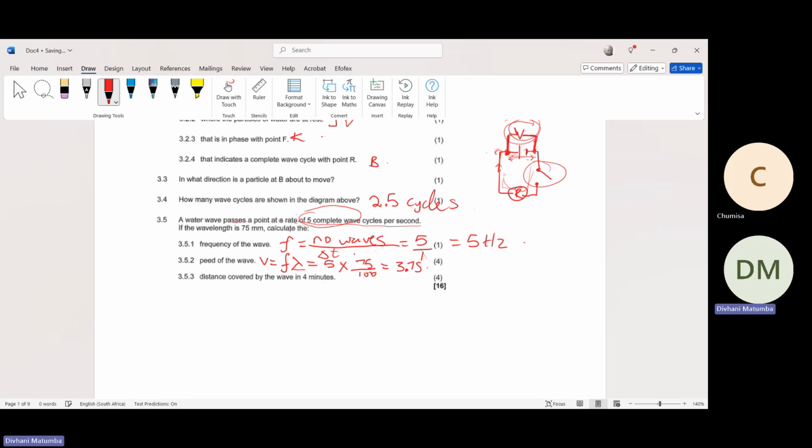No, speed is not measured in seconds. Second is time. Don't make that mistake. What is the units of speed? Is it meters per second? That's correct.